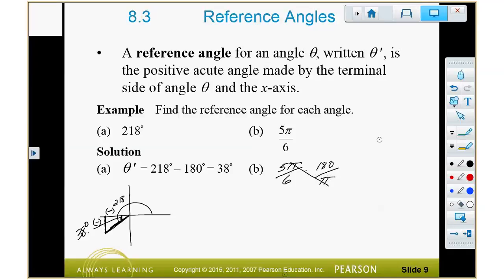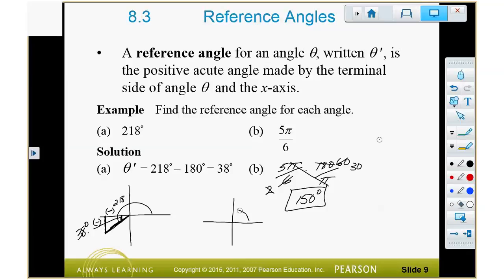Let's see if we can cancel something out. 3 will go in there 2 times. 3 will go in here 60. And 2 will go in there 1 time. 2 will go in there 30. 30 times 5 is 150 degrees.